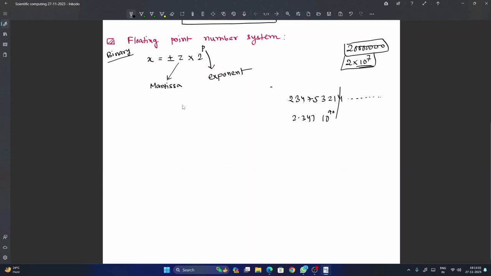Obviously in the binary format you will get some 1, 1, 1, 0 in this type of mantissa, and basically we use the normalized mantissa here.